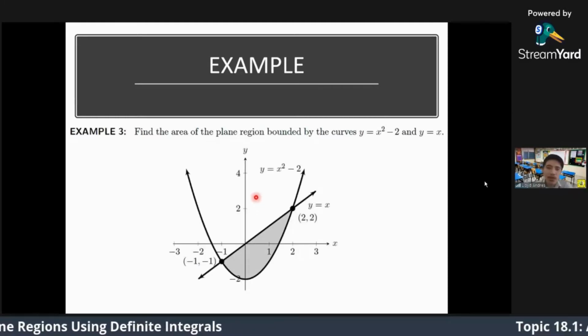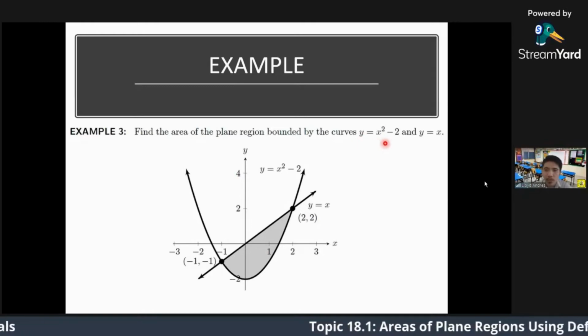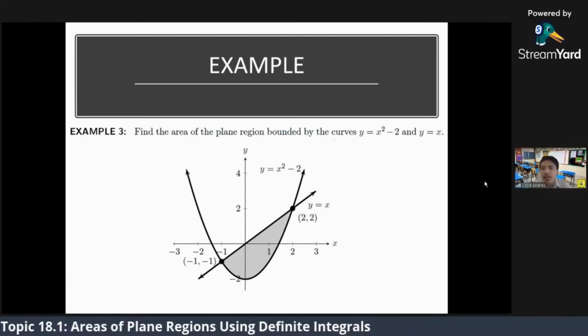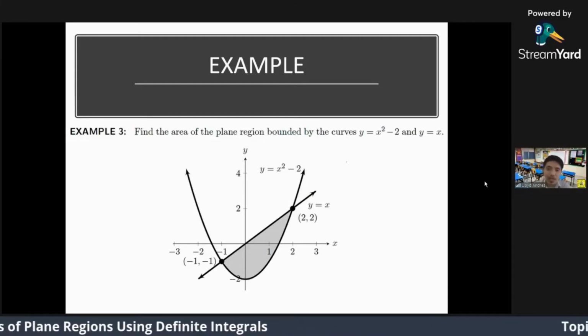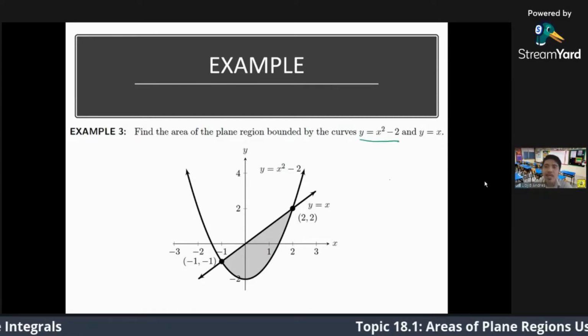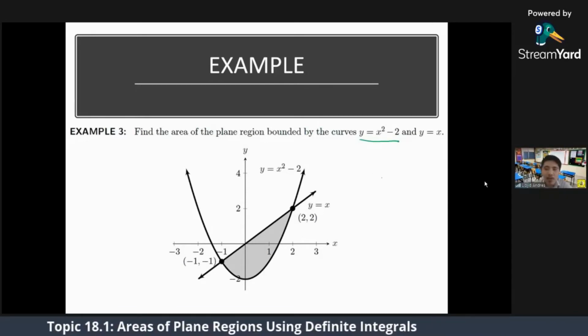So if we will try to graph this curve y equals x squared minus 2, ingani ang itsura. Recall how to sketch a graph of katong mga conic section. Kay if you can see ang given nato naka-squared, isa ra ang naka-squared. Kabalo naman ta sa una pa nga pag isa ra ang naka-squared, parabola na siya.